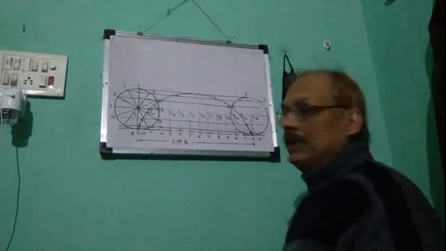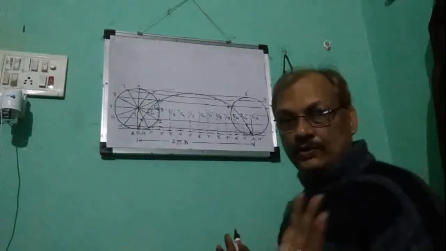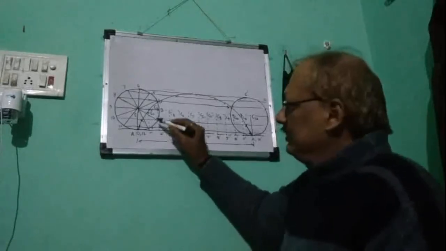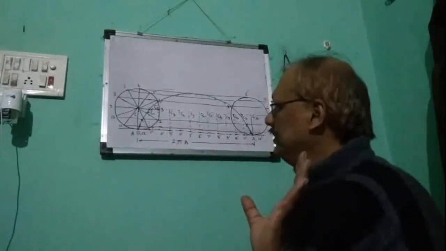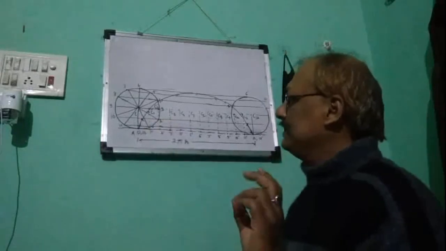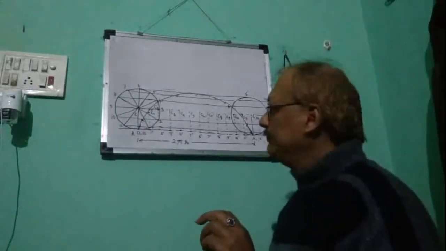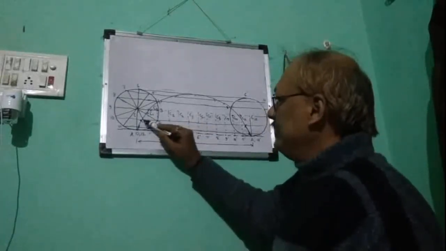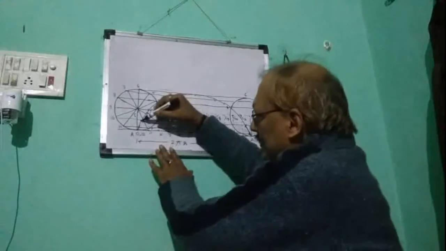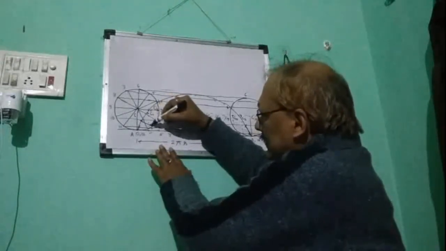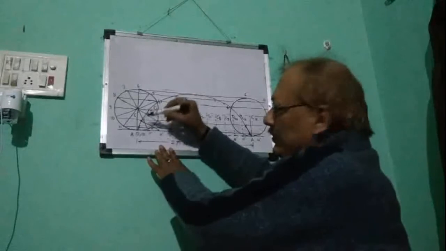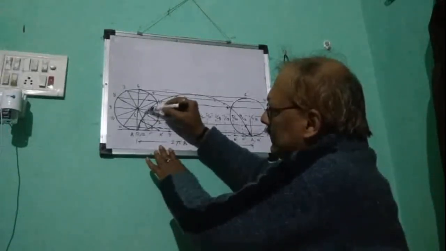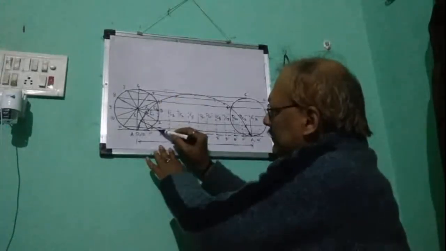So what is the principle that you listen carefully? If we join the current foot to the point, then it will be normal. So look, this 2 dash will be joined to this. This will be normal. It will always be normal. And the tangent will be at 90 degrees to this. This will be tangent and this will be normal.